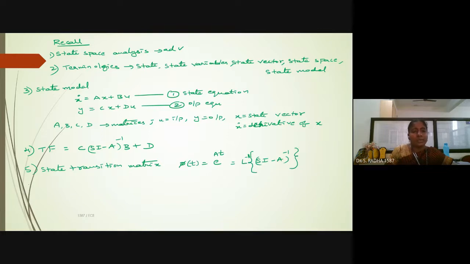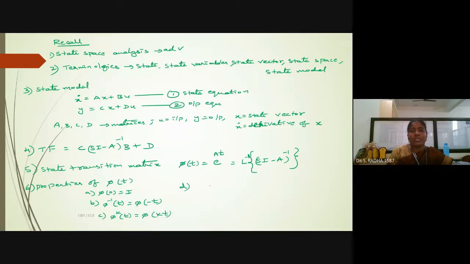And lastly, the properties of state transition matrix. First property, phi of 0 equal to I. Second property, phi inverse of t is phi of minus t. Third property, phi of kt is phi of t whole power k.